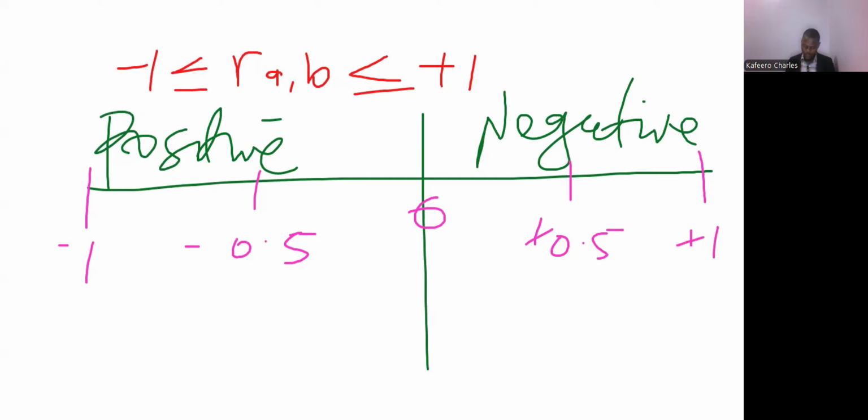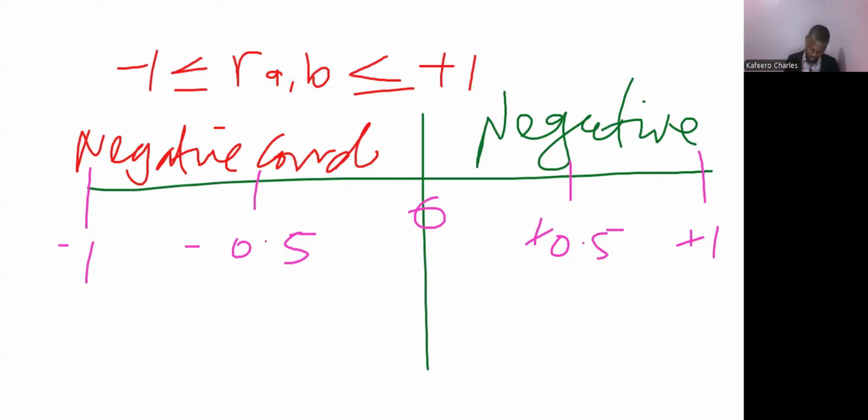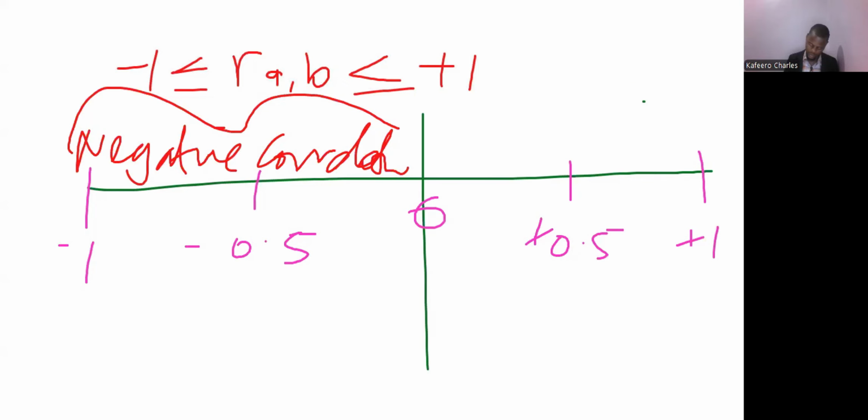Now, how do you make a decision? Of course, here we have a negative correlation. The whole of this side is a negative correlation. So the whole of this side is going to be showing us a positive correlation.